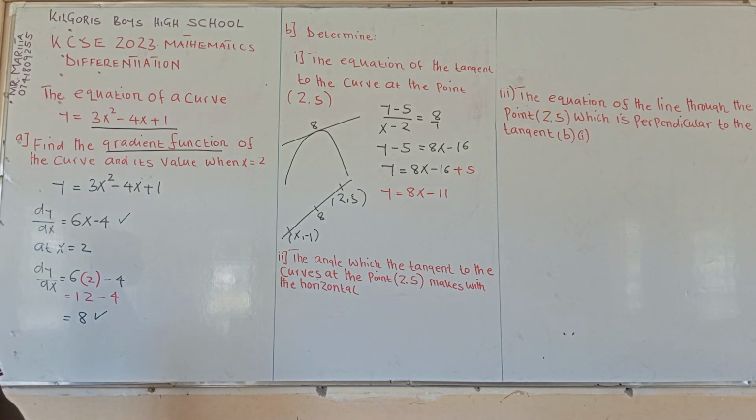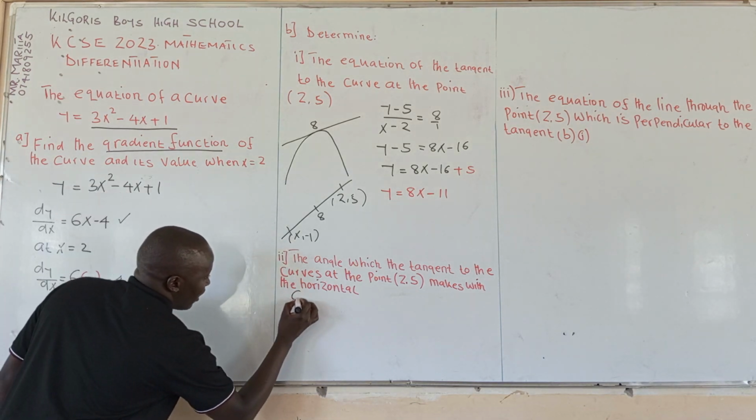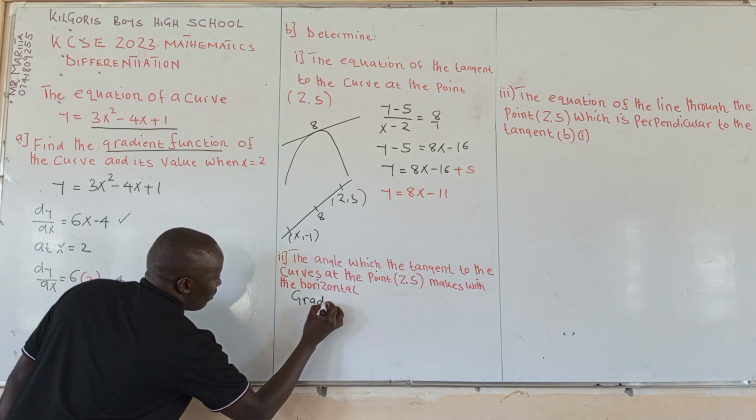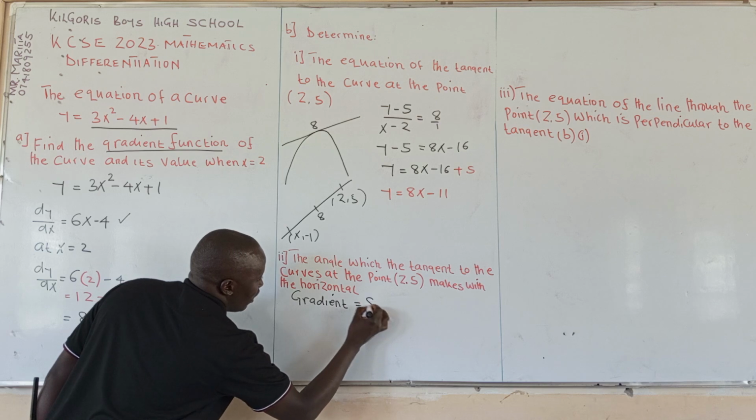This one is very simple because we already have our gradient. The gradient of the curve is equivalent to 8.